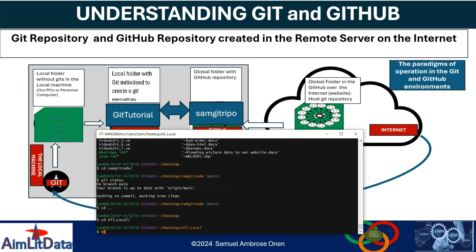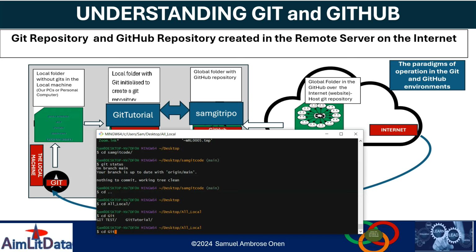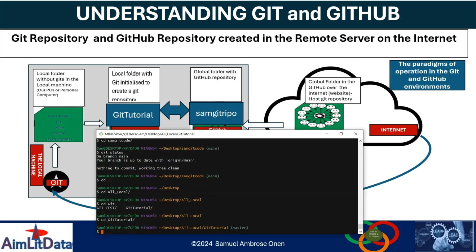We want to go to the local repository, cd git tutorial. So you see, git tutorial is sitting on the branch called master, whereas some git code is sitting on the branch called main. And let us run git status here.